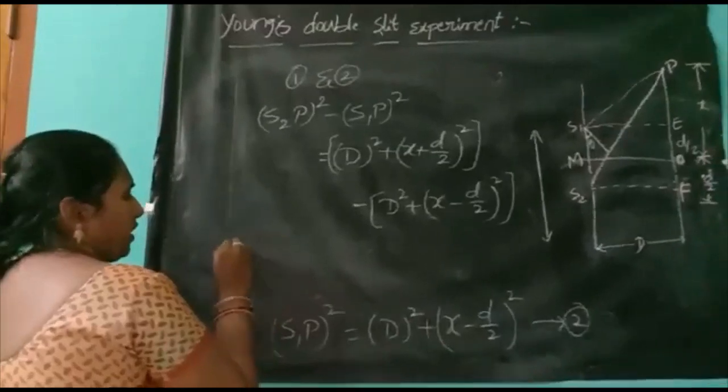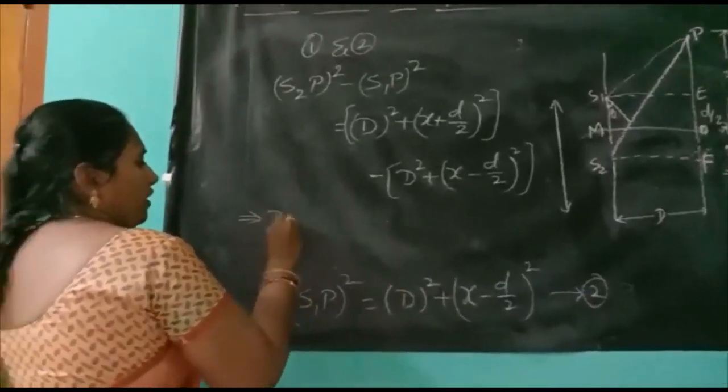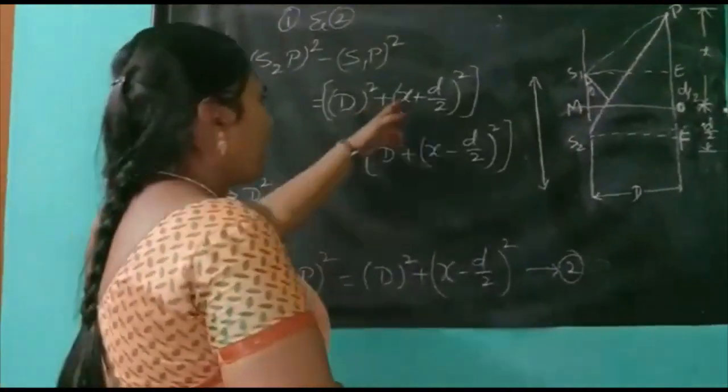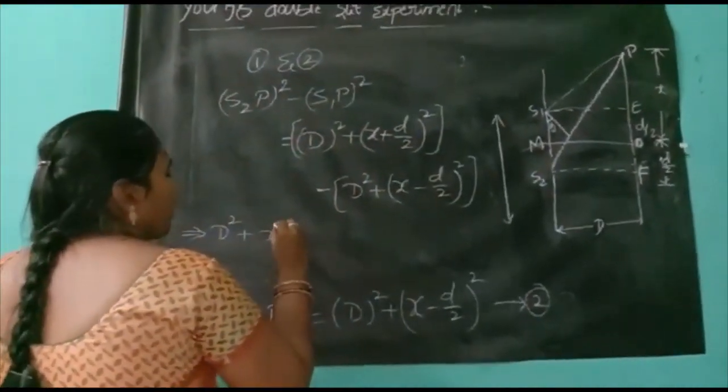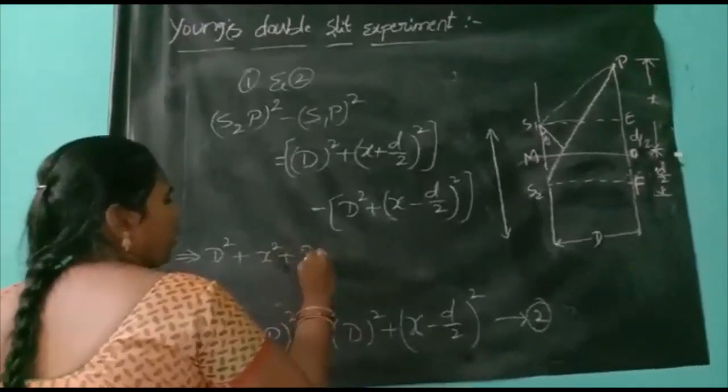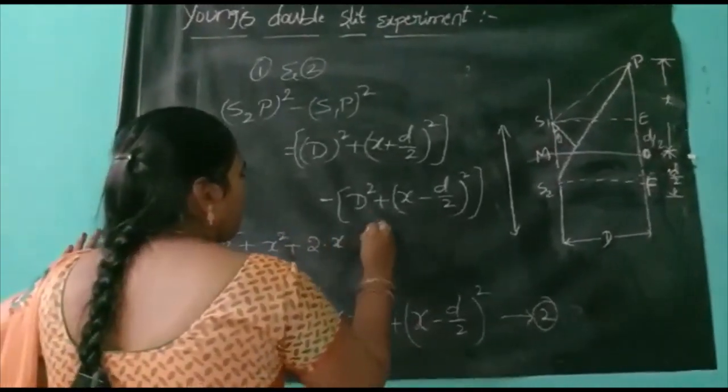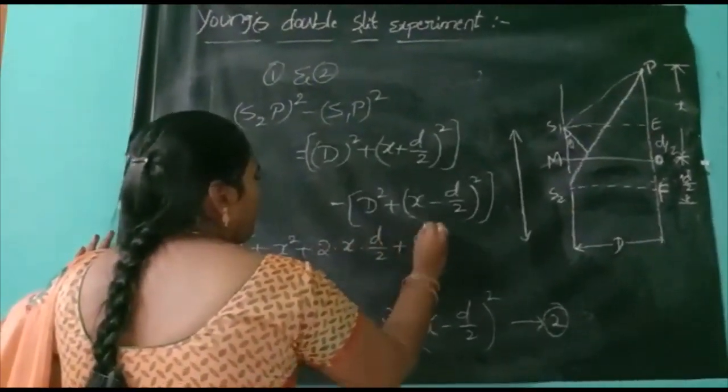This is the A plus B whole square form: x square plus 2 into x into d by 2 plus d by 2 whole square.